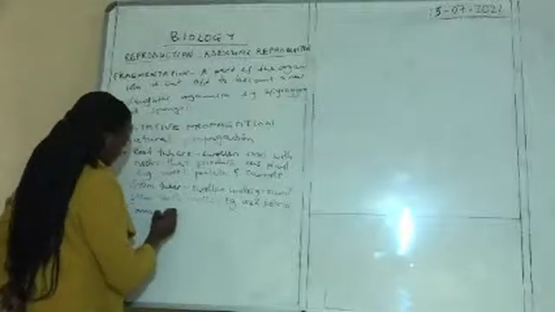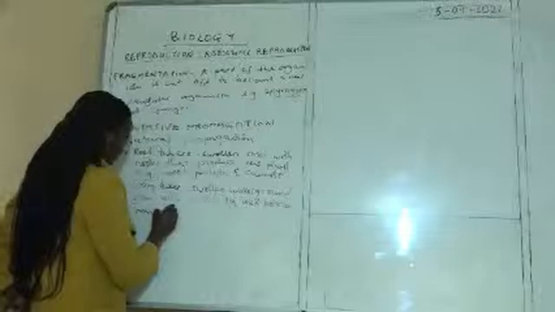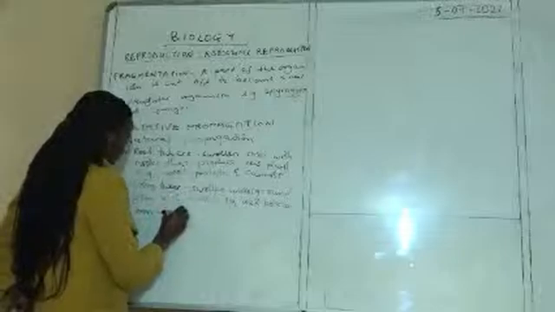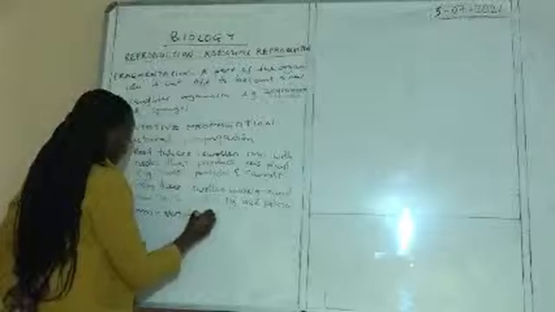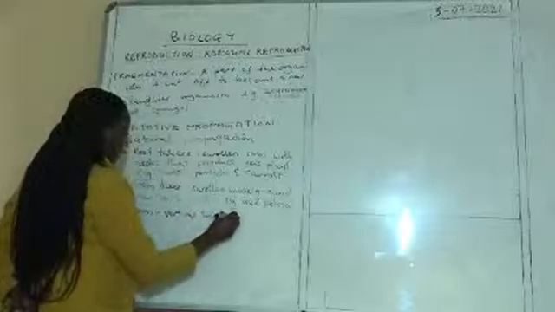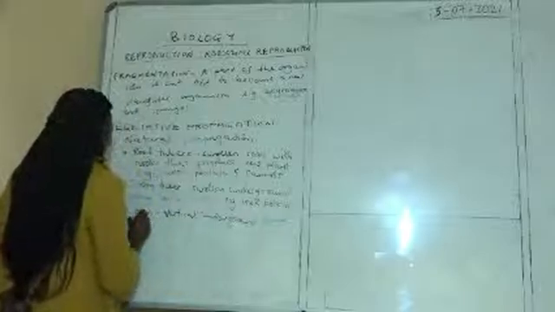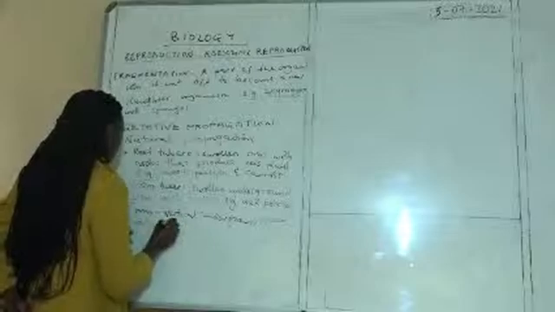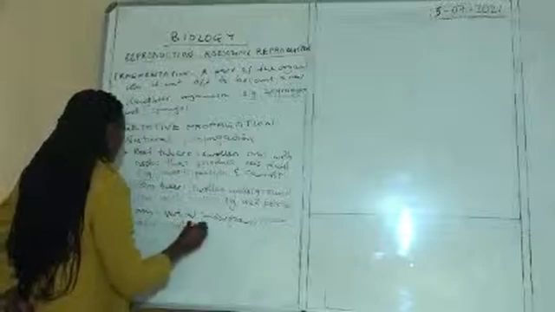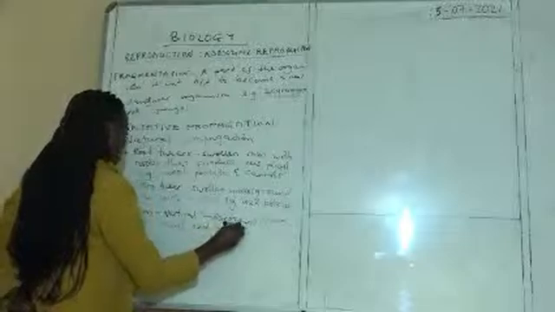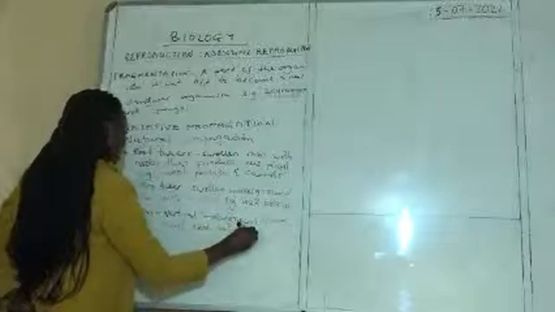So this is a vertical underground stem with axillary and apical buds.